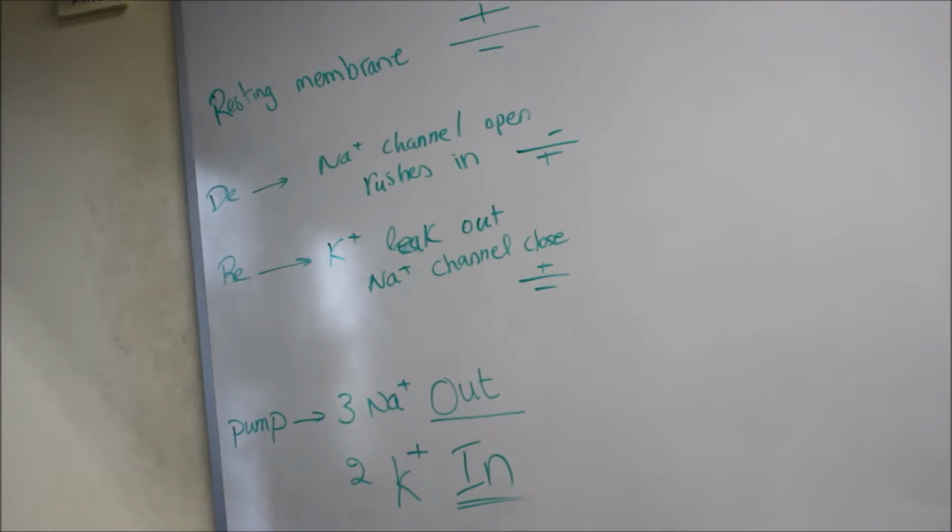This is where the cell wants to go to negative 70 again instead of negative 90, and this is where the sodium potassium pump starts to work, pumping 3 sodium ions out and 2 potassium ions in.